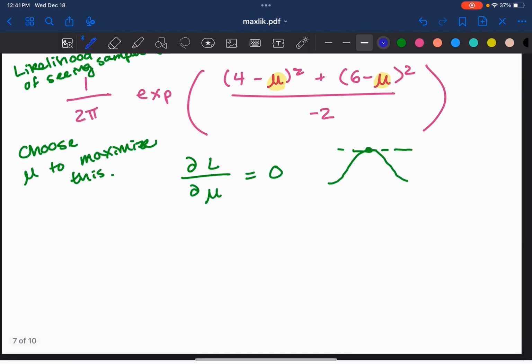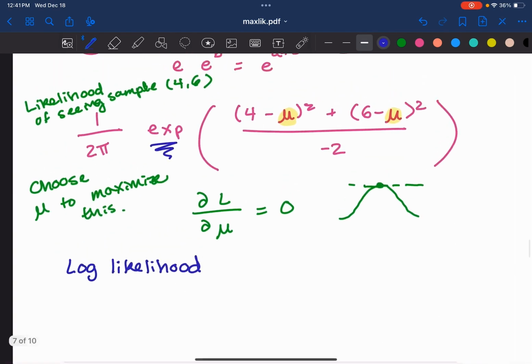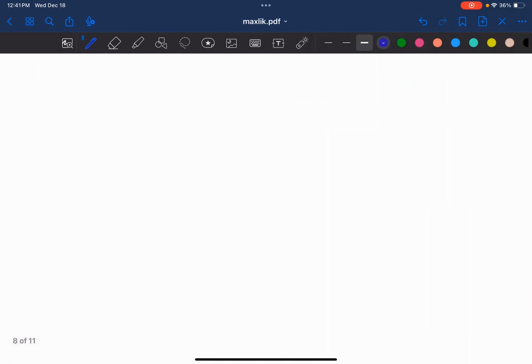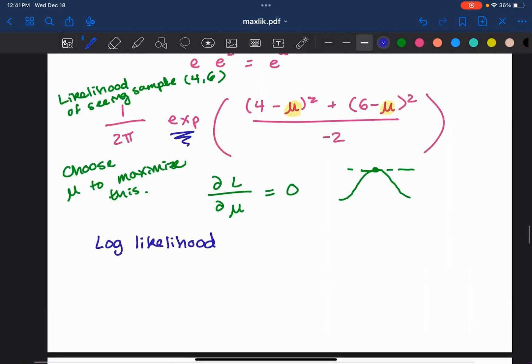I'm going to take the log of this thing, the log likelihood, and log is a strictly monotonic transformation. So the maximum of the log likelihood will be the same as the maximum of the likelihood. Taking the log lets us get rid of that exponential function and makes our computations easier. So what is the log likelihood?